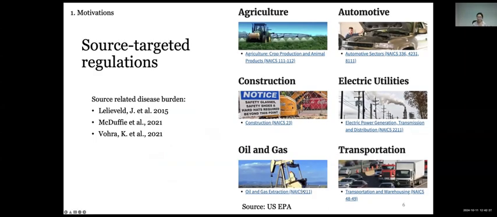And then most importantly, many of the regulatory policies are actually designed targeting certain sources, like different sources of pollution, different fuel types, or different sectors. So all these policies need some source-specific information to support their policy design.